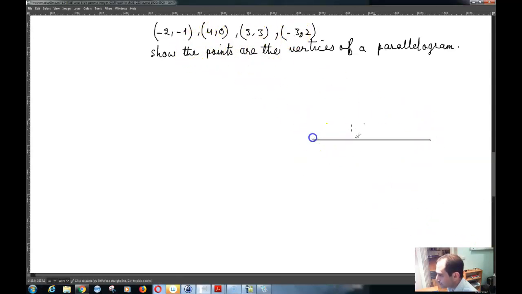So let's first try to draw this. You have negative 2, negative 1, that's one point. Then you have 4, 0. Then you have 3, 3.